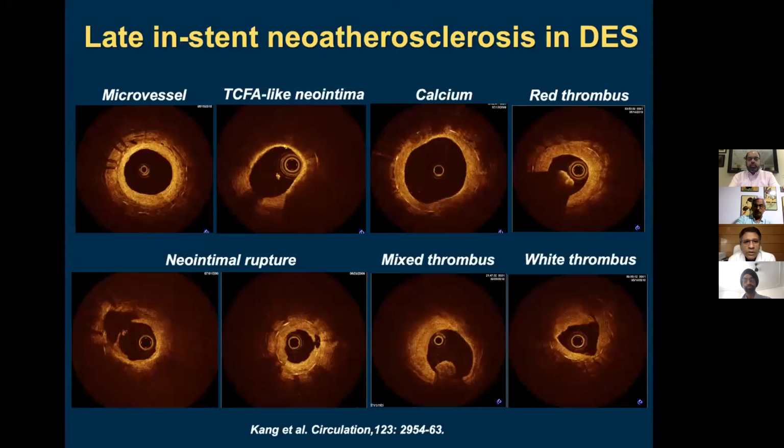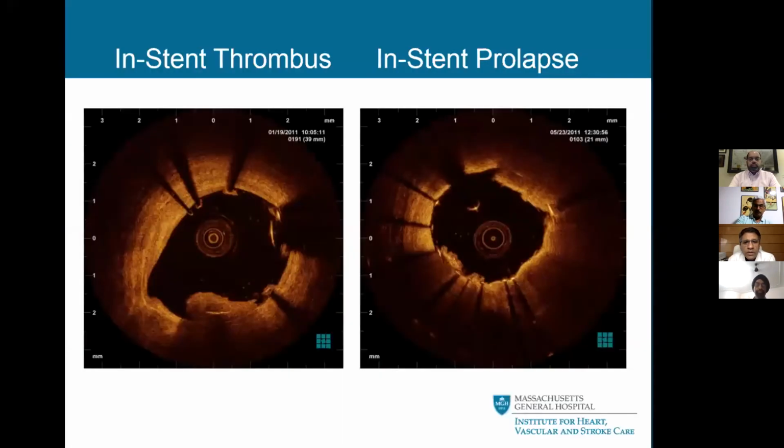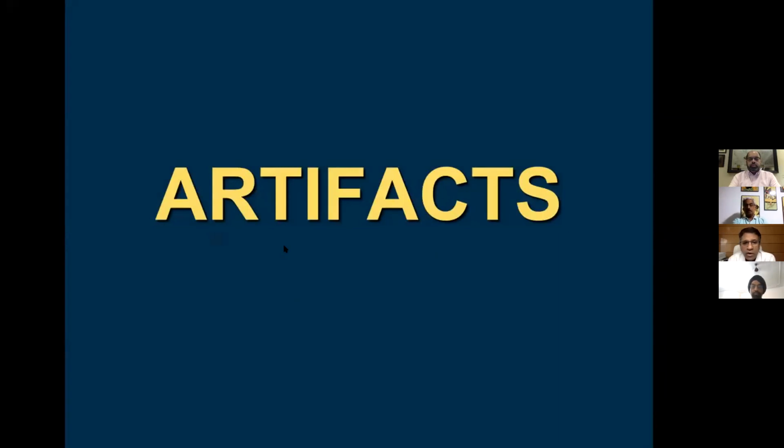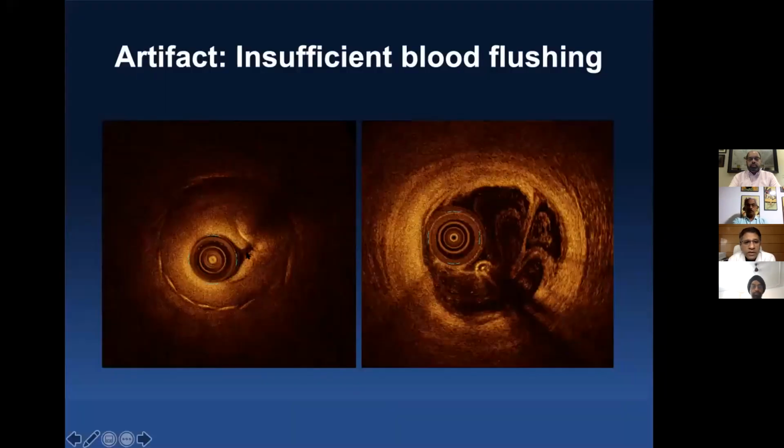So OCT is of immense value, but you should be aware of the artifacts. The first artifact is inadequate preparation of the OCT catheter, because the blood is swirling around. So you first have to have a blood-clear field if you want a good image.